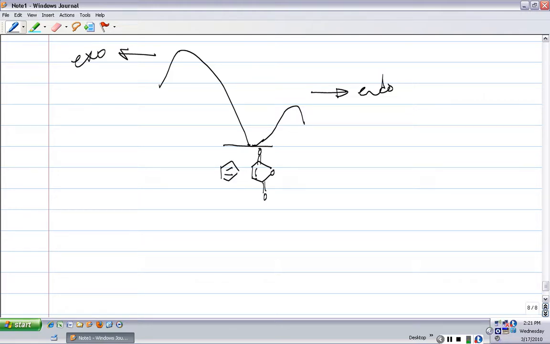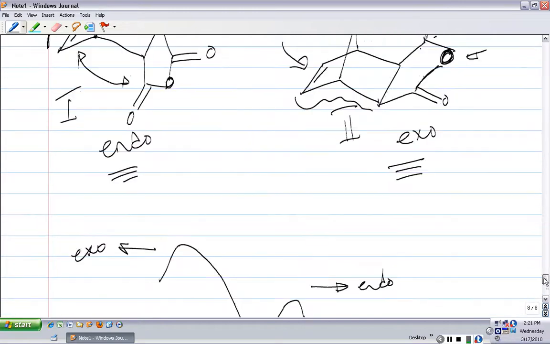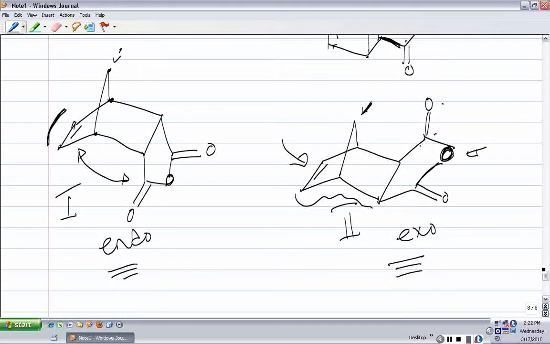Now, if we look at the exo and the endo compounds again, my substituent in the endo case has this big group, right? My product has this big substituent pointing towards the big bridge. So there's going to be a massive steric interaction between these, and that will destabilize the endo compound.